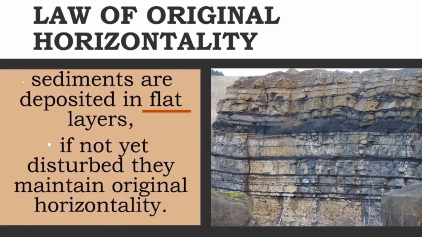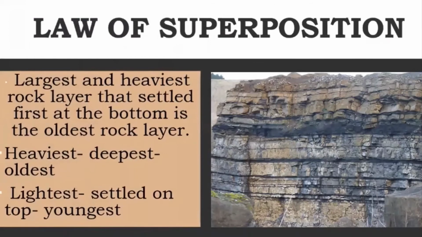However, the law of superposition states that the largest and heaviest rock layer that settled first at the bottom is the oldest rock layer. So if this is our inner layer, according to this law, this is the largest and the oldest one, the heaviest one as well.